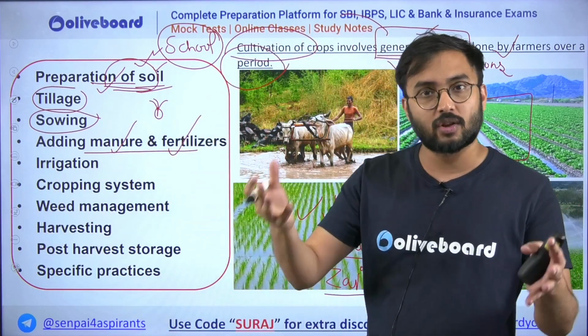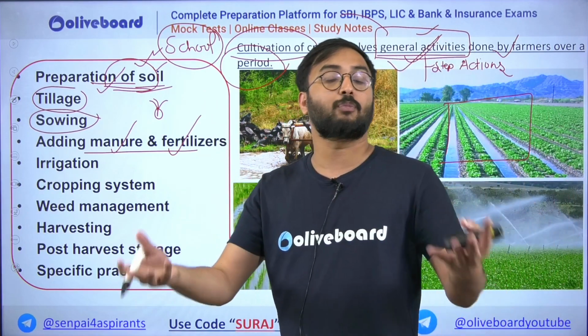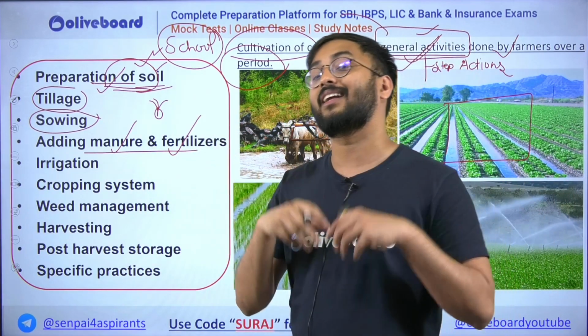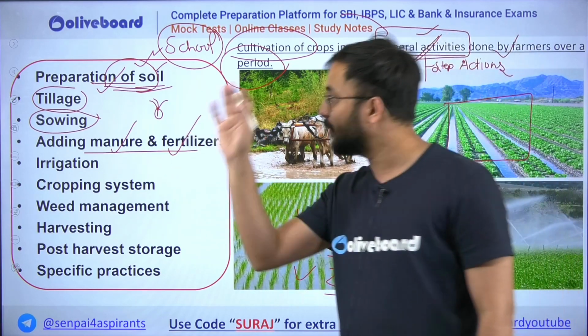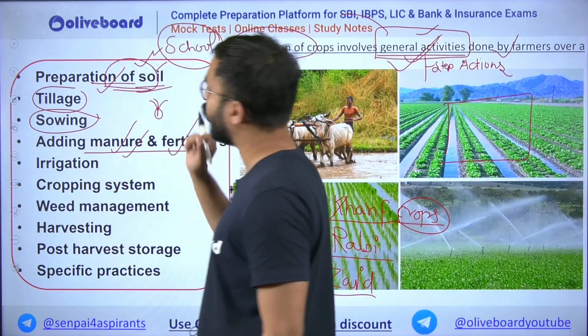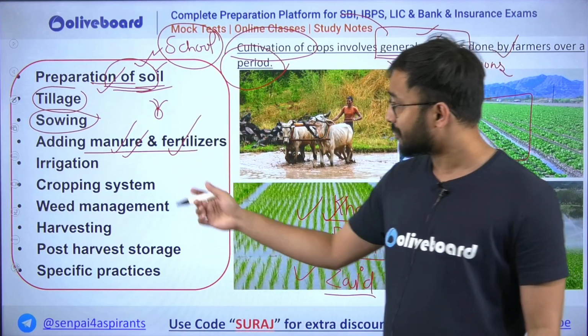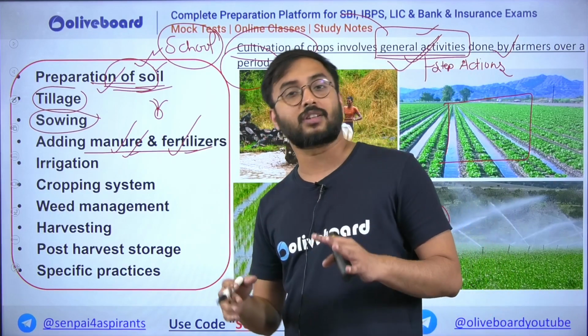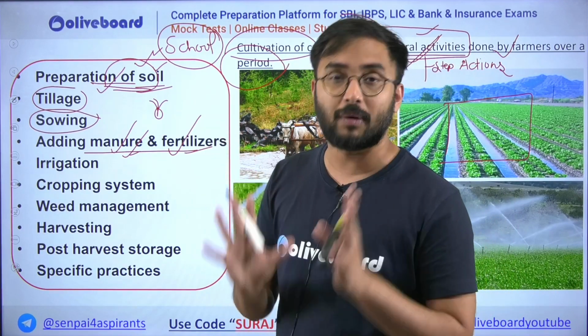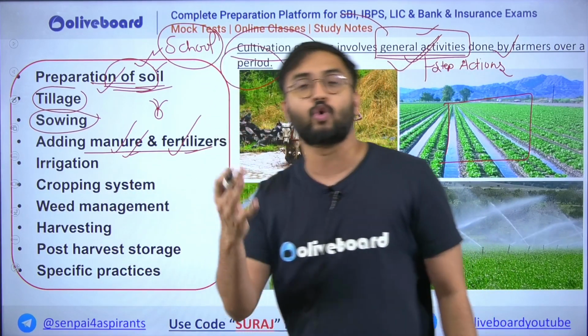So all these things, whatever we are eating or drinking or consuming for our proper growth and nutrition, are our supplements. In similar fashion, for proper growth of any plant or crop, adding manure and fertilizer is nothing but giving supplements so that there is proper growth of the plant.